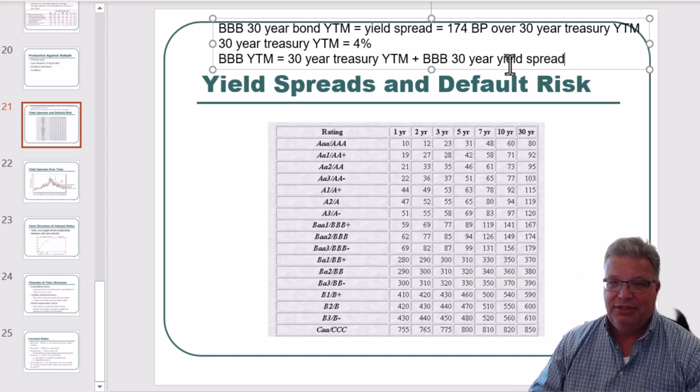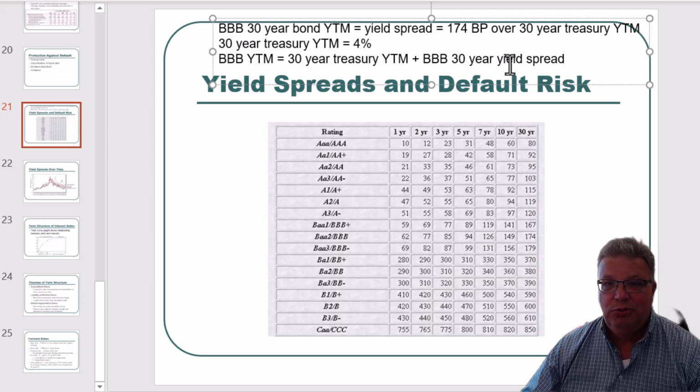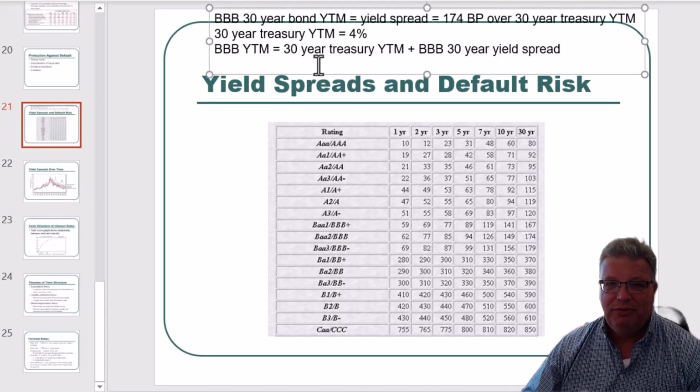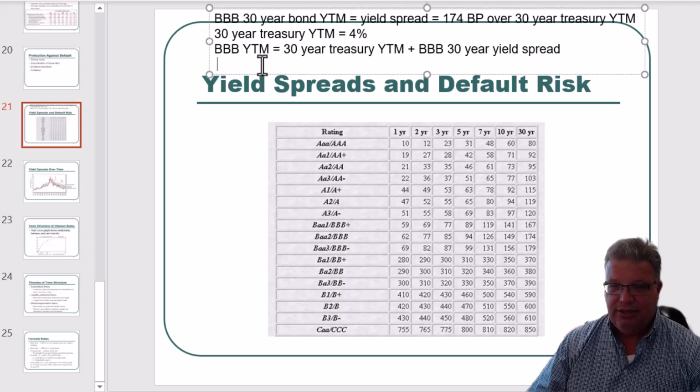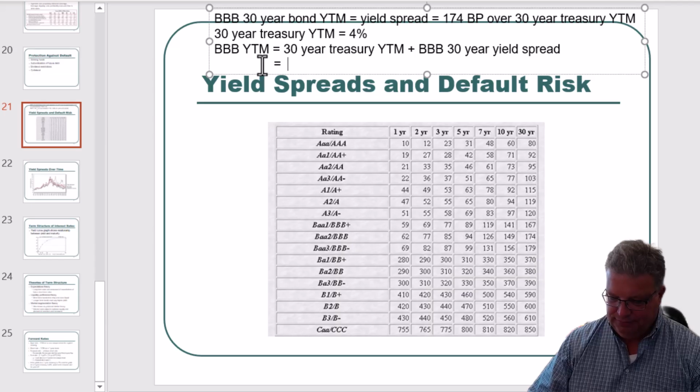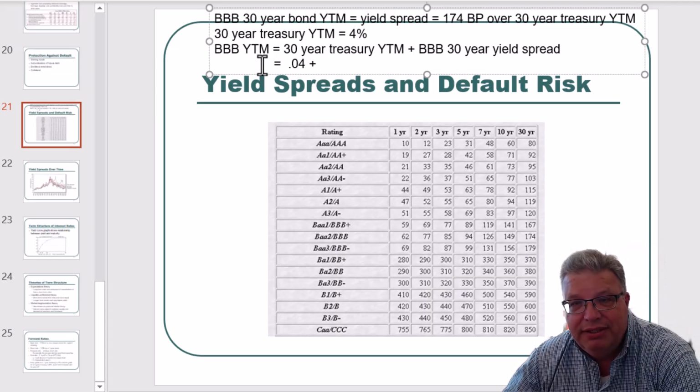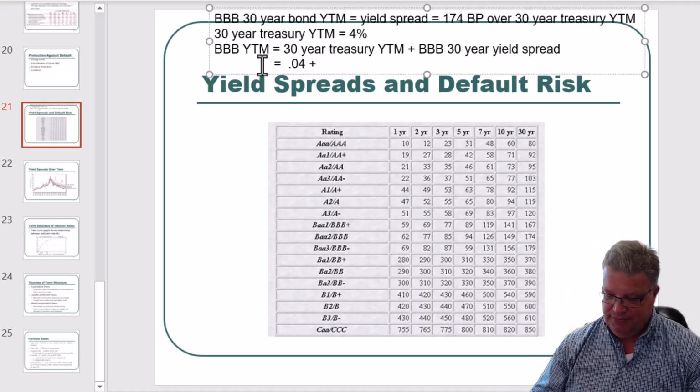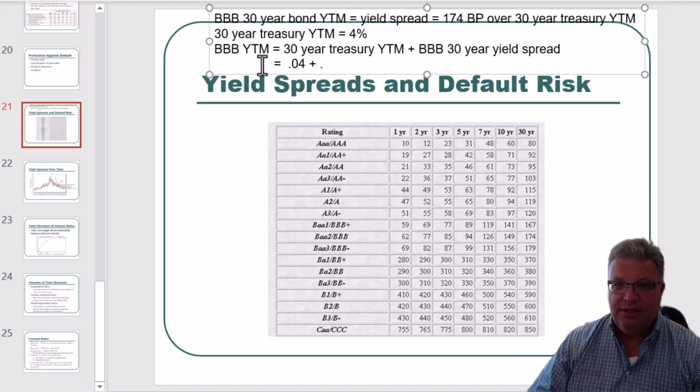So for us, I don't have this written up here, but we said it was going to be 4%, right? So we take that 30-year, I'll just say 0.04, and then we add to it the 174 basis points.